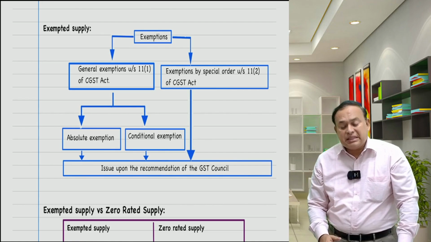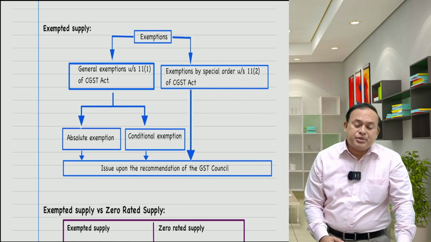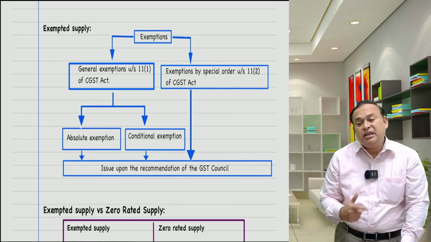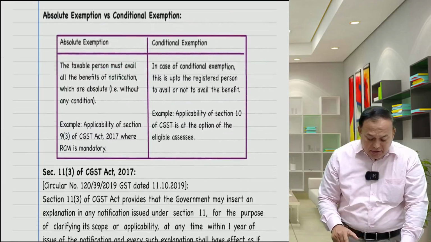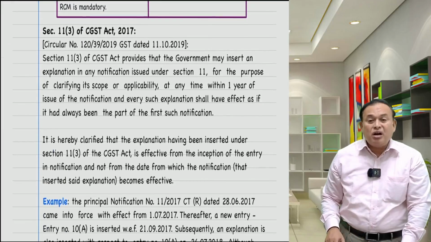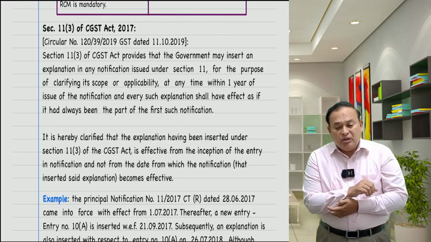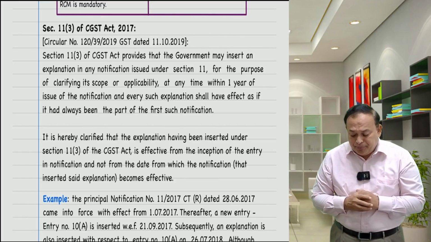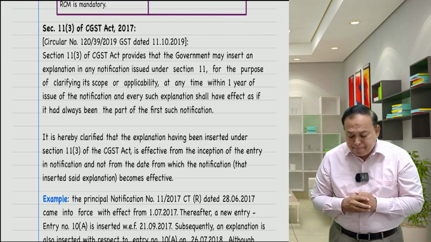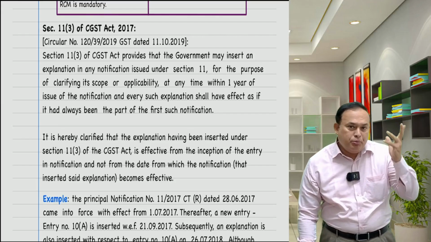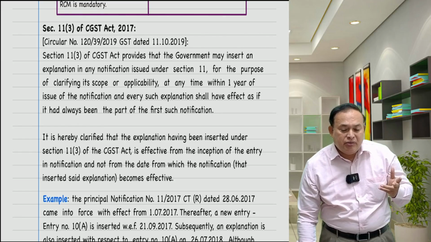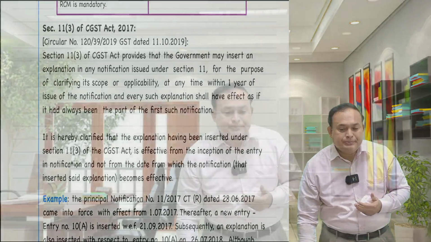Coming to Section 11, subsection 3, which is a somewhat technical point, one should know that. I will take one particular example, which you can easily grasp.